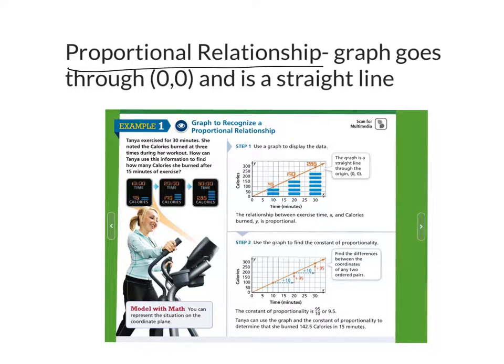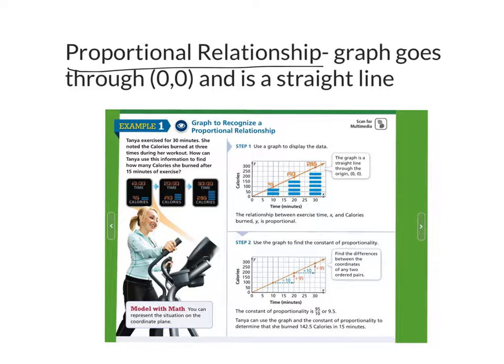So before we look at example 1, the book will talk more about this with you guys later, but I want to go ahead and mention it up front with you here. Proportional relationship, the graph goes through the point 0, 0, and it's a straight line. Point 0, 0 we've talked about before. It's called the origin, okay, is another name for that point.